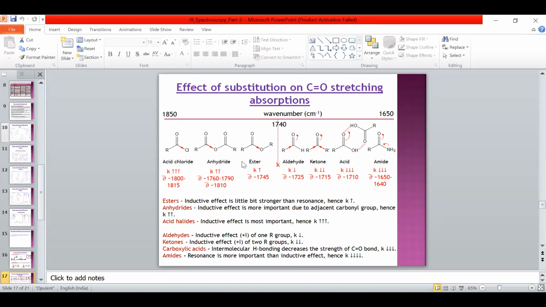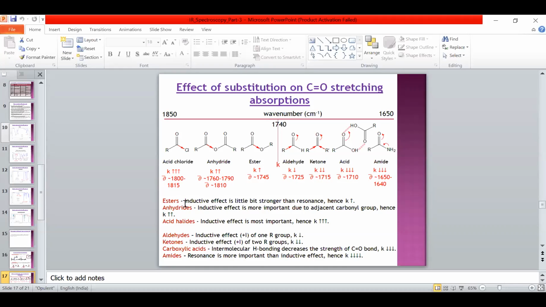So let us see in all these functional groups, starting from ester. If you see the carbonyl group in the ester molecule, here oxygen is attached. Now oxygen has both the effects. It can have inductive effect. It can also have resonance effect due to the presence of lone pair on this oxygen.